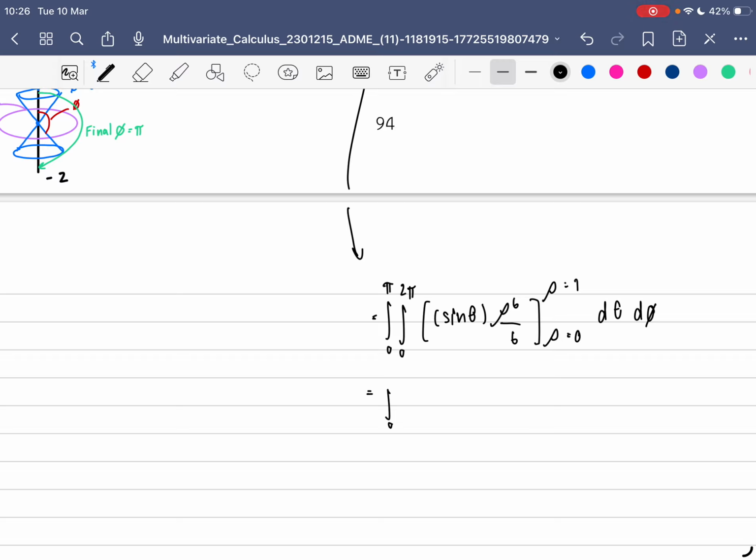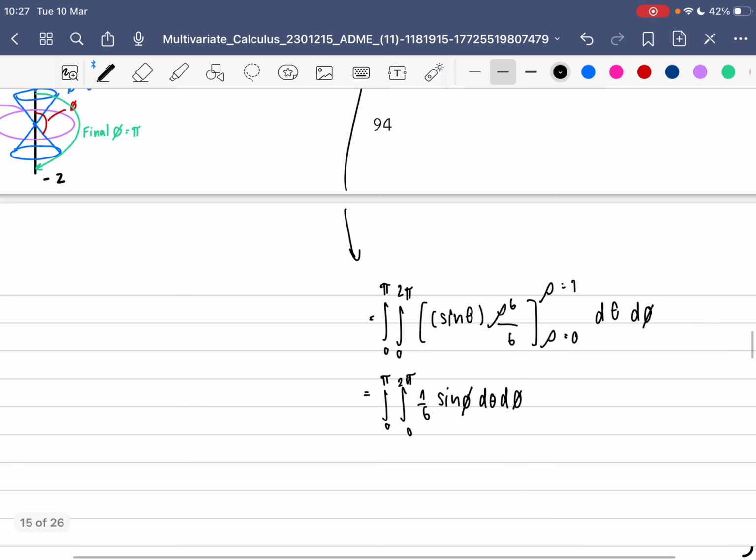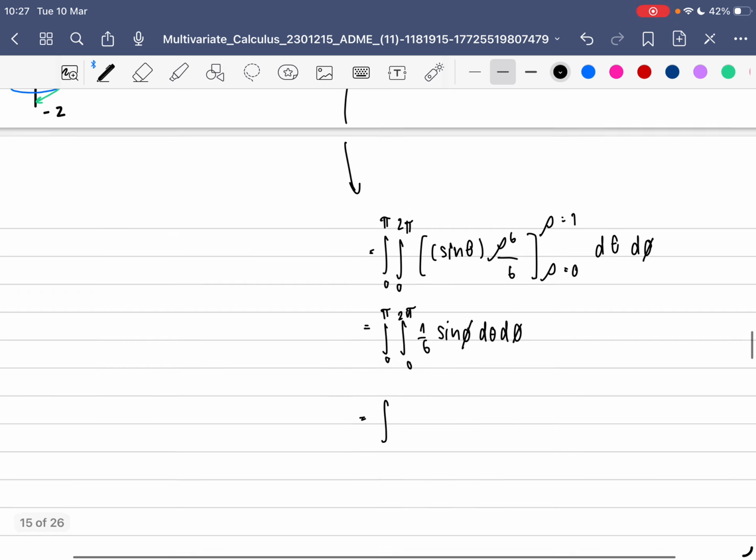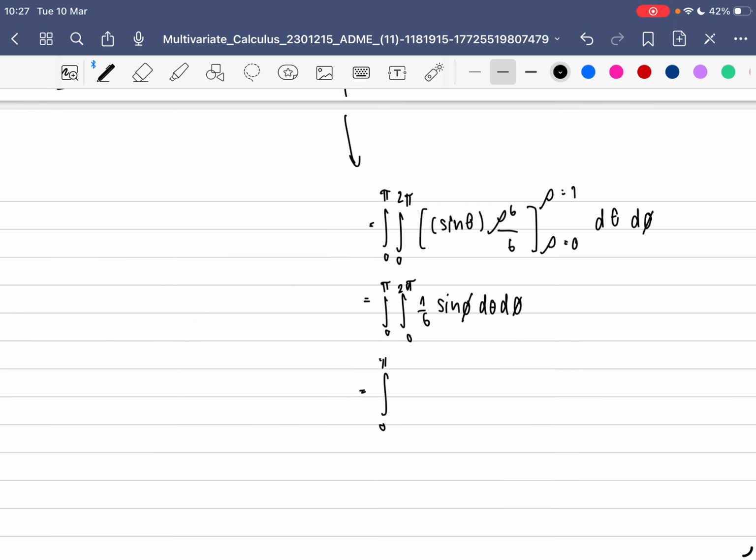Integrate with respect to theta is theta itself, because phi is independent of theta. So this is just sine phi times theta from 0 to 2 pi d phi, which is, sorry, we have 1 over 6 times 2 pi, integrate 0 to pi sine phi d phi.